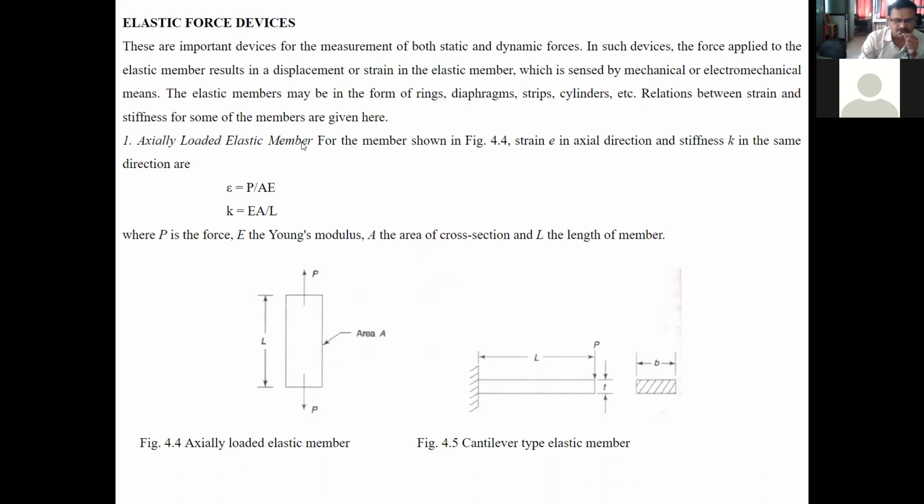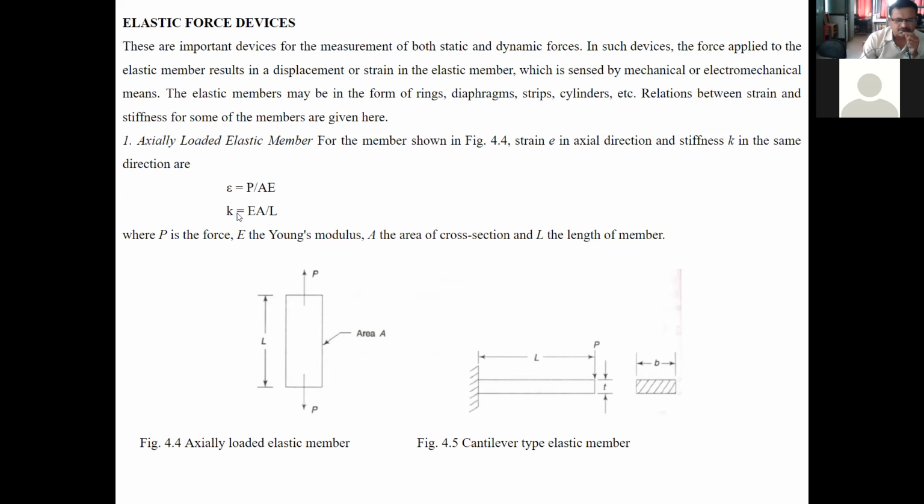Therefore, this is an axially loaded elastic member. For the member shown in figure 4.4, strain epsilon in the axial direction and stiffness K in the same direction are given by: strain epsilon is stress divided by Young's modulus, that is, epsilon is equal to force divided by area times Young's modulus of elasticity.